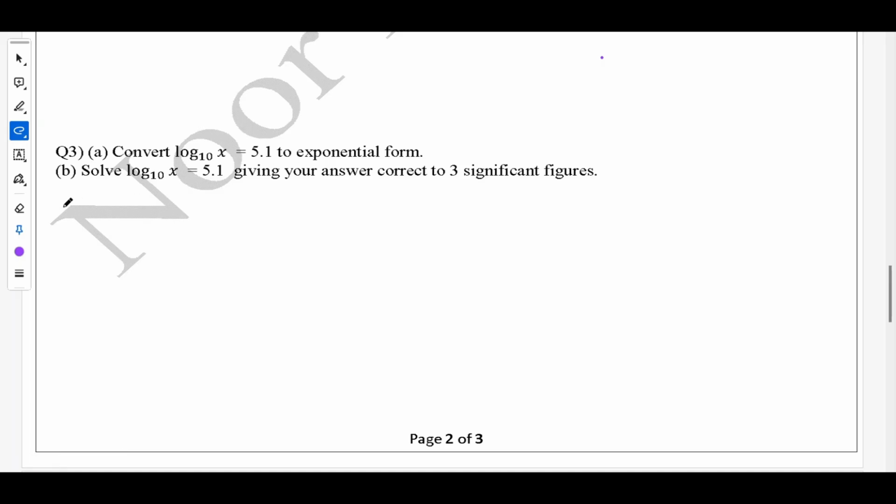In this part, we're going to convert the logarithmic form to the exponential form. Log x base 10 equals 5.1. This is the base and this is the power. To convert it to exponential form, it will be x equals 10 to the power 5.1.